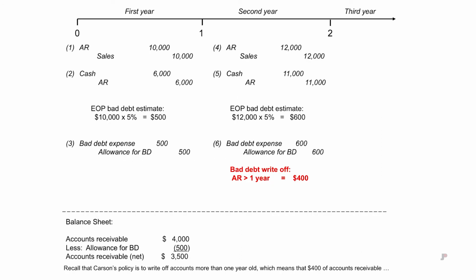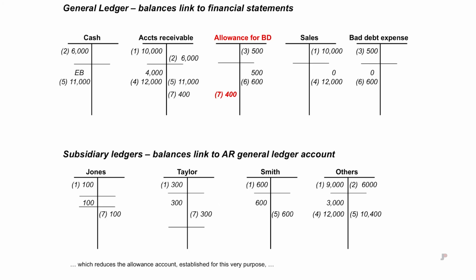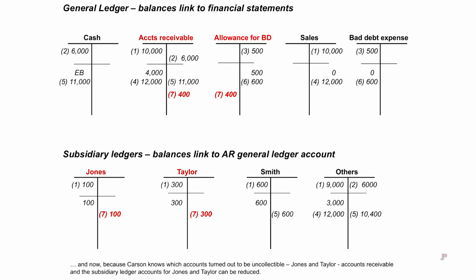Recall that Carson's policy is to write off accounts more than 1 year old, which means that $400 of accounts receivable must be written off with this entry, which reduces the allowance account established for this very purpose. And now, because Carson knows which accounts turn out to be uncollectible, Jones and Taylor, accounts receivable and the subsidiary ledger accounts for Jones and Taylor can be reduced.